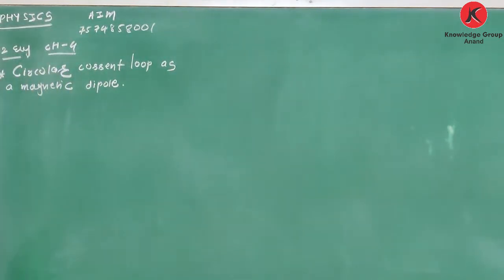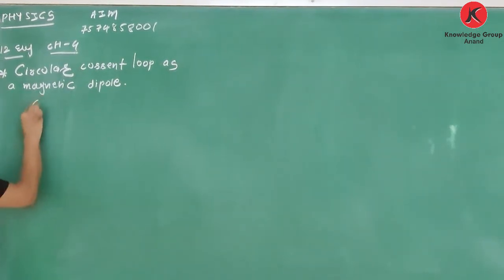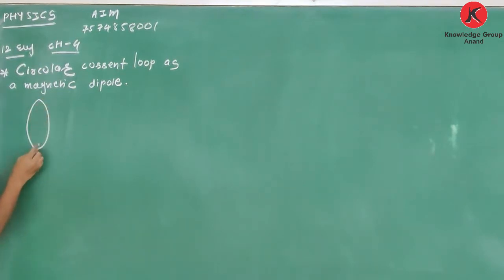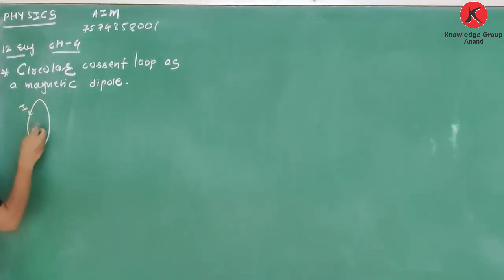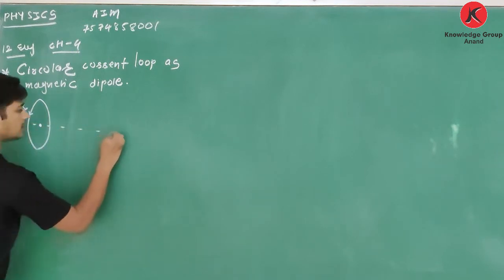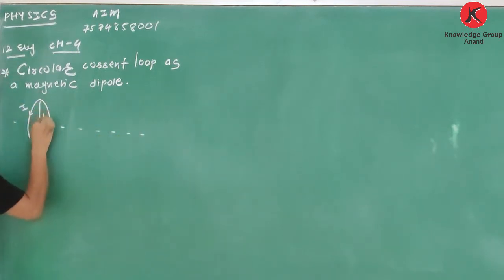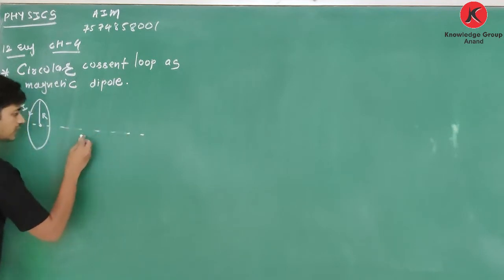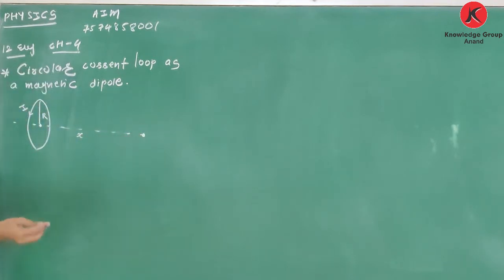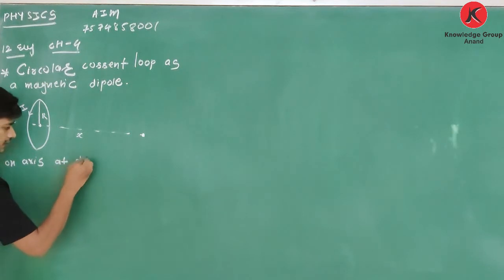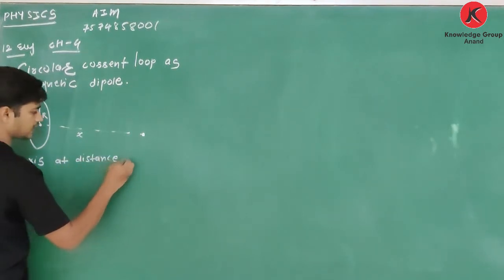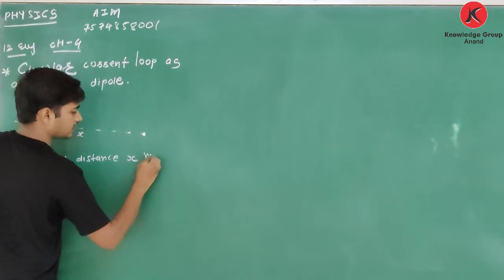See, the current loop as a magnetic dipole, circular current loop as a magnetic dipole. You know one case: if it is a circular loop, current I, its radius is R, and on the axis from the center at distance x, at this point, what is the equation of magnetic field?